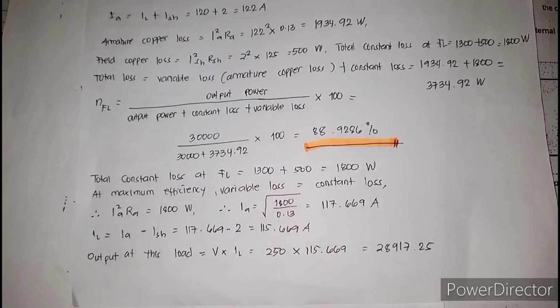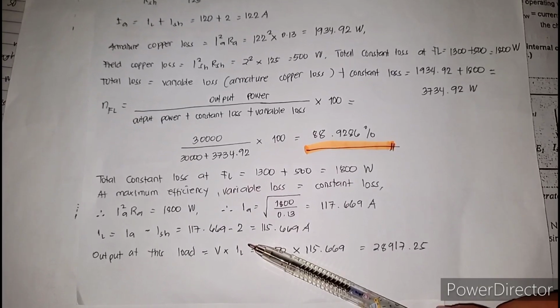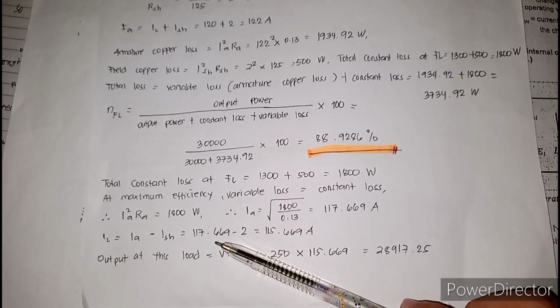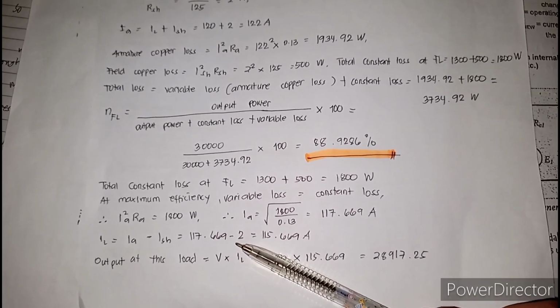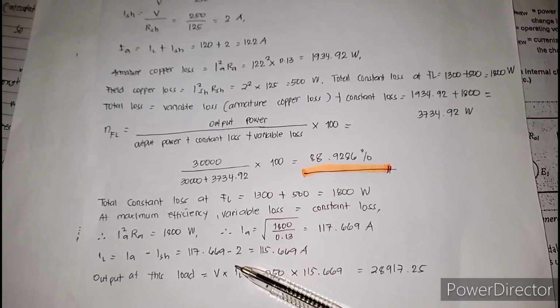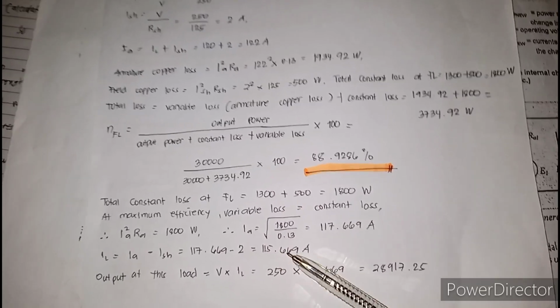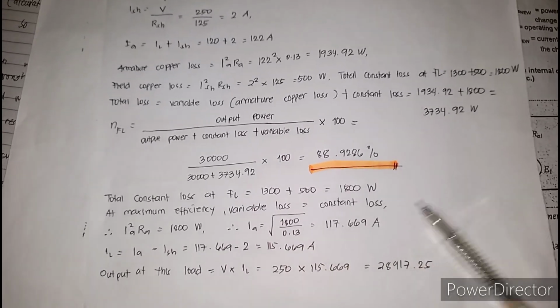So IL is equal to IA minus ISH. The value of IA is 117.669, and ISH is 2. So 117.669 minus 2 is equal to 115.669 amperes.